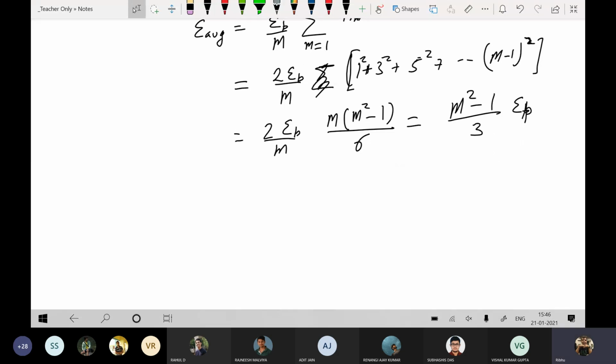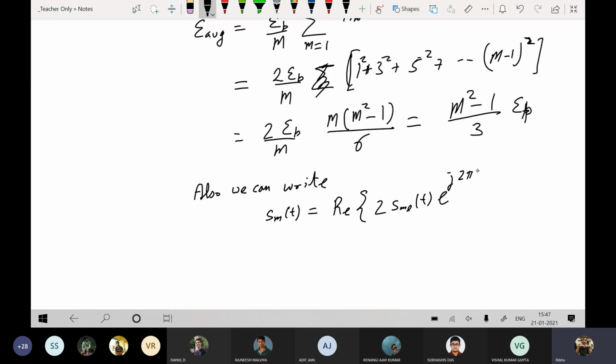Also, we can write s_m(t) equals the real part of A_m s_m(t) e to the power j 2 pi f_c t.